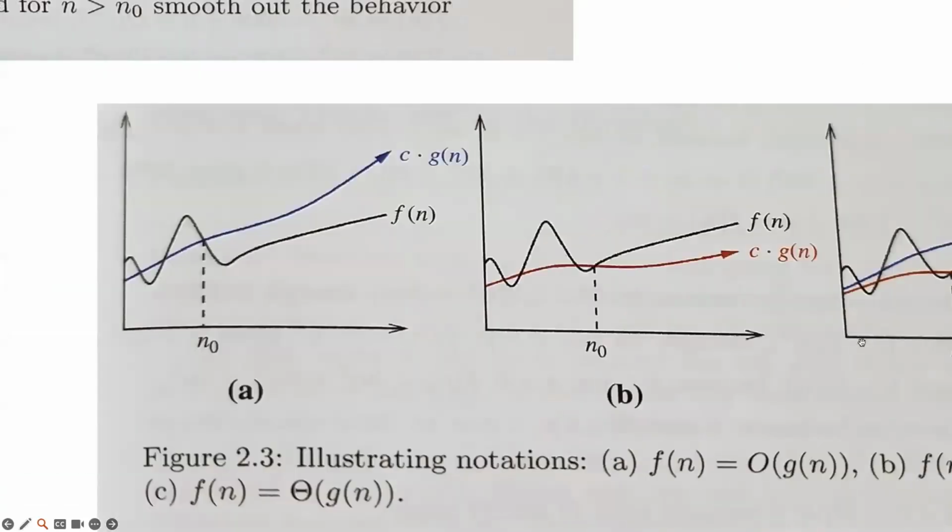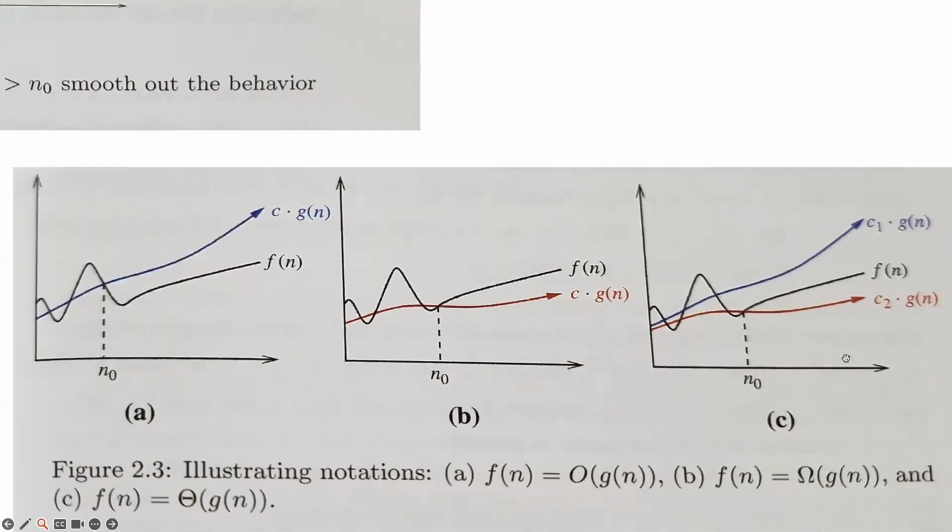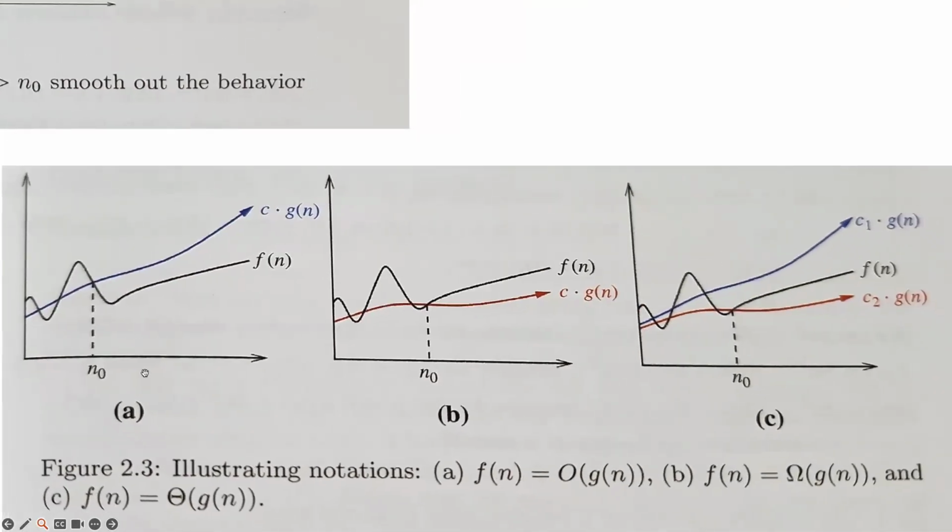Okay, let's look at the other one. This is what we're looking for. A over here is O of n, where past some value, this upper bound in blue, c times g of n, applies.